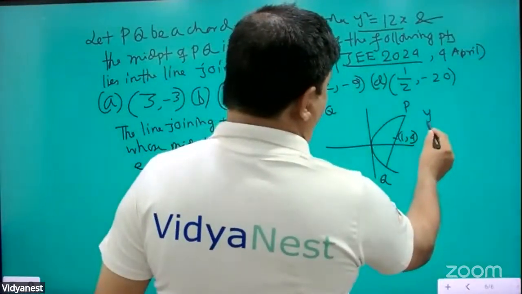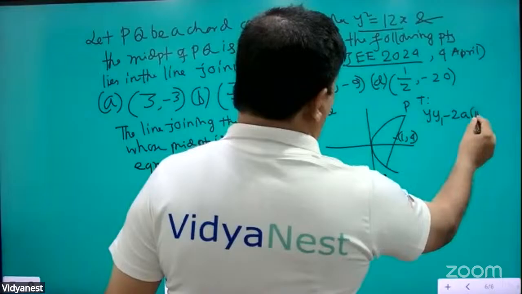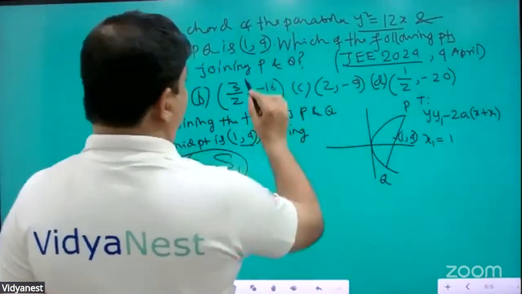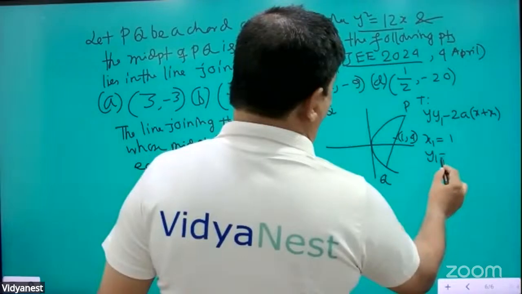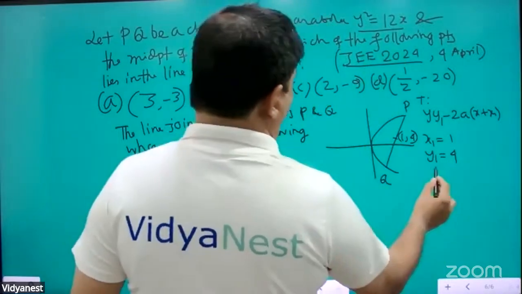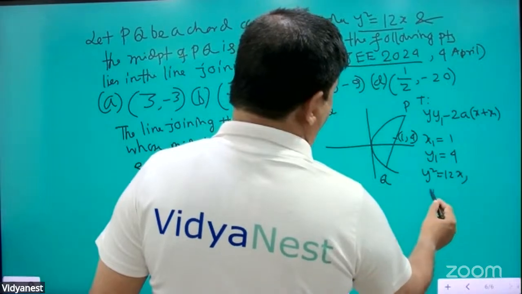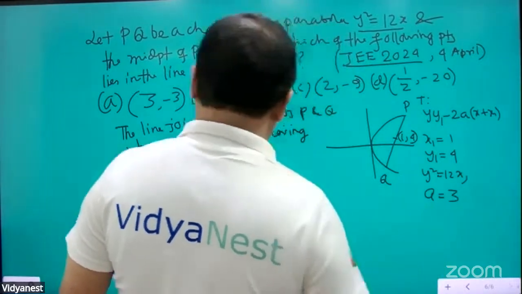The parabola's equation is given. What is the tangential expression? y y1 minus 2a times x plus x1. Here x1 y1 is what? x1 is 1, y1 is 4, and y square is equal to 12x. Compare: a is 3.